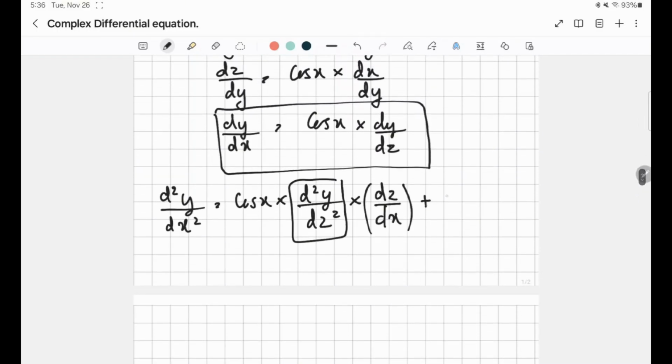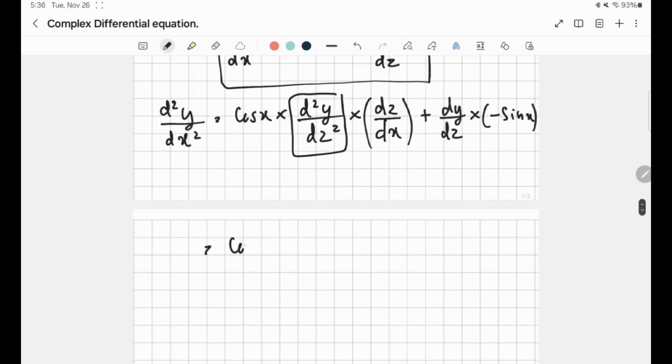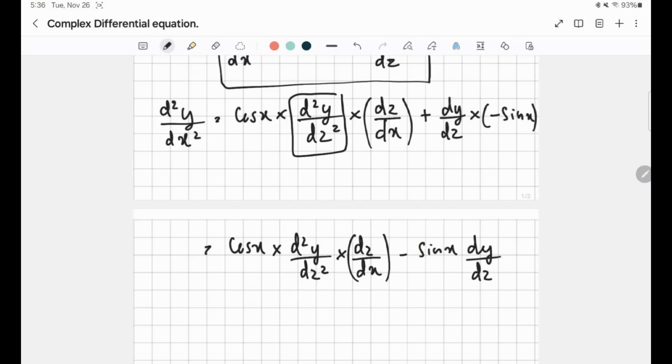Plus dy over dz times the differentiation of cos x, which is minus sin x. So this gives you cos x times the second derivative times dz over dx minus sin x dy over dz.